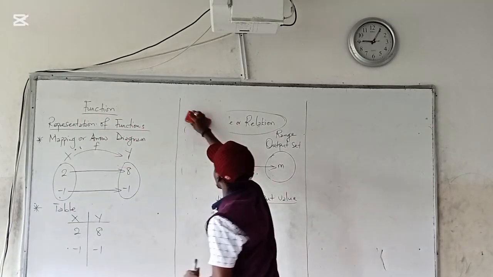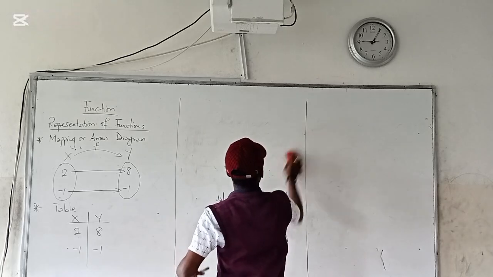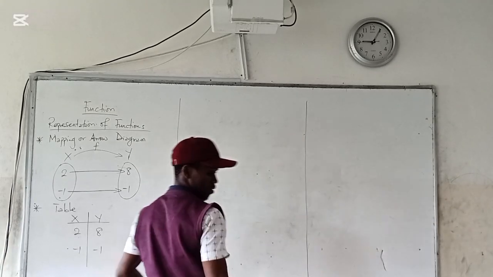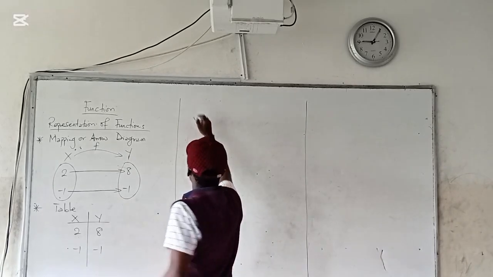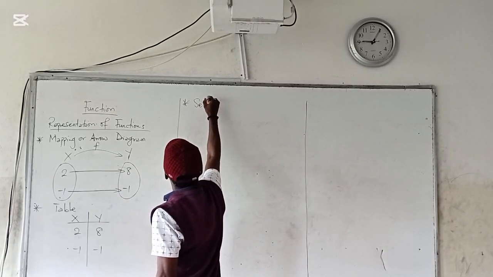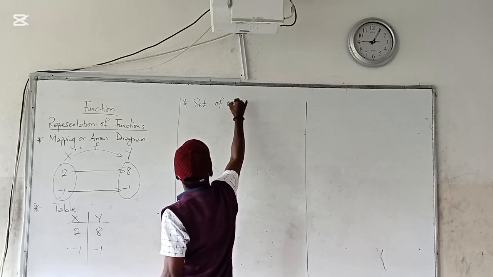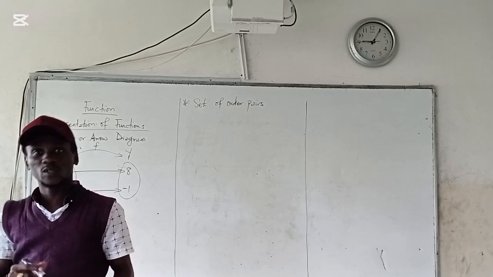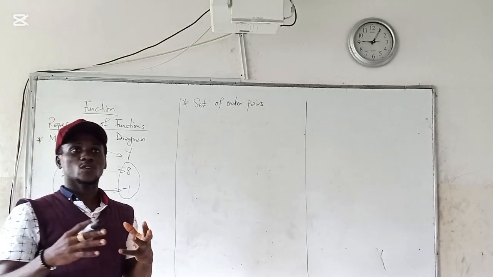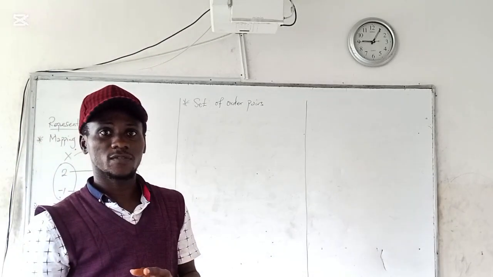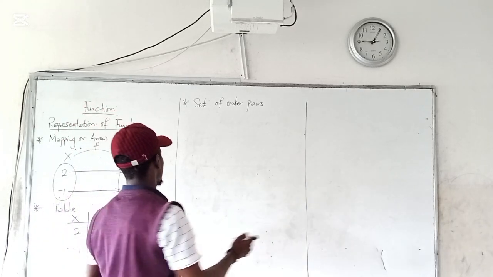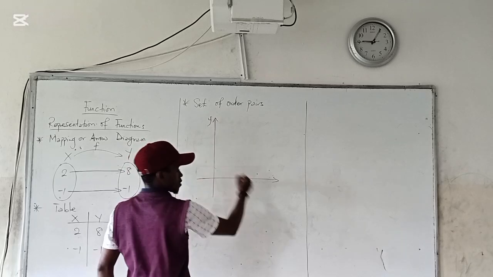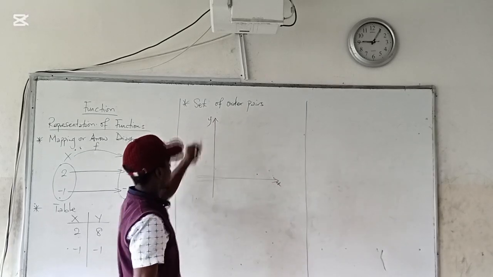Then another way of representing functions: a function can be represented as what we call a set of ordered pairs. What does that mean? If you still recall how to plot a graph, if you've plotted a graph before, you have the Cartesian plane or the Cartesian grid, where you have your x-axis and your y-axis.